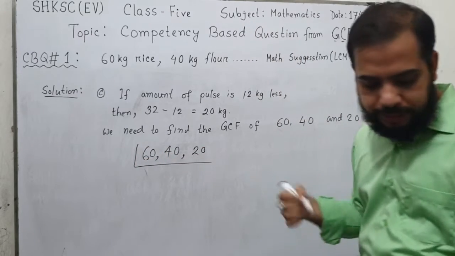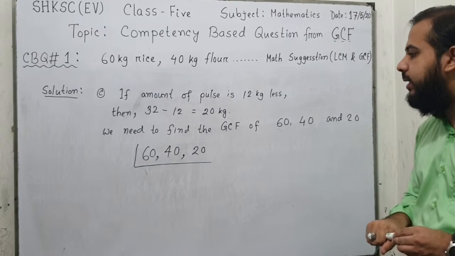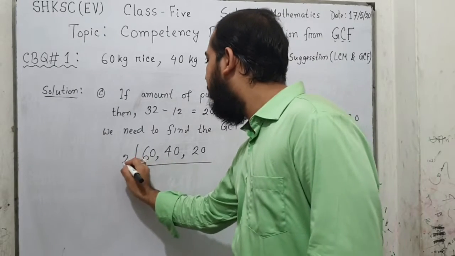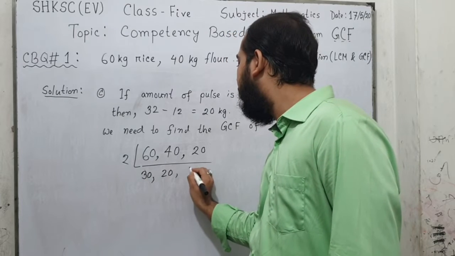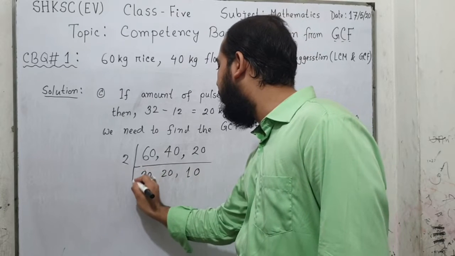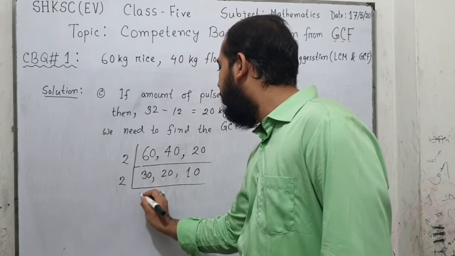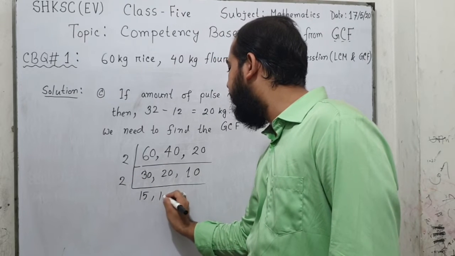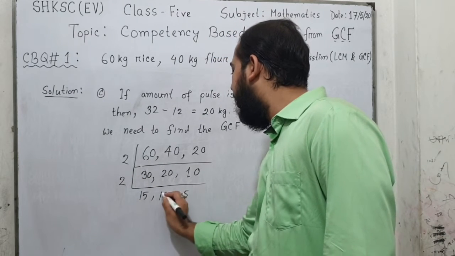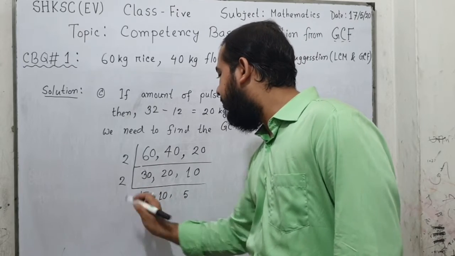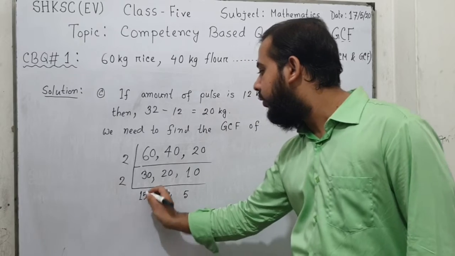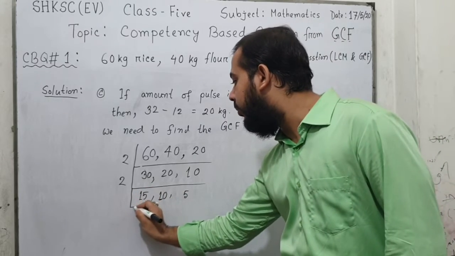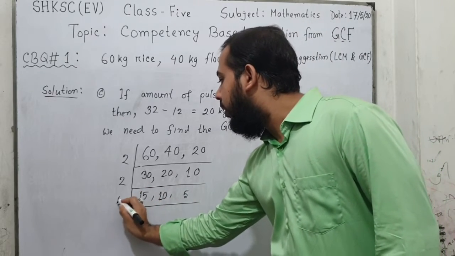At first we see whether it is divisible by 2. Yes, all the numbers are divisible by 2. And again we see all the numbers are divisible by 2. So we get 15, 10 and 5. Now see, again we can divide these 3 numbers by 5, so we can take 5 as the common divisor also.